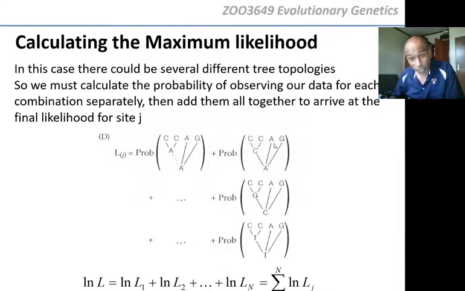Remember, inside each tree, you multiply this likelihood by that likelihood, for each step. But when we're looking at the log of the probability for this tree topology, we sum up the log likelihoods for all the possibilities.